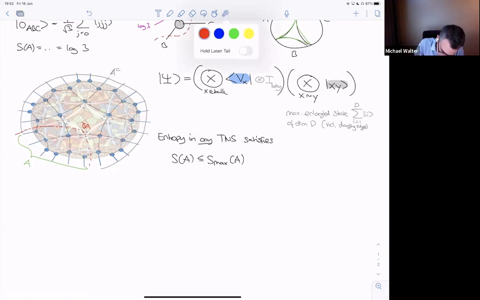If I look at this cut, and I drew it how you would geometrically draw the minimal surface, what I'm really doing is cutting this bond, that bond, that one and that one, right? That's choosing any cut, and hence in particular the minimal cut gives me an upper bound on entropy, namely the logarithm of D, a single bond dimension, to the size of the minimal cut, which is the same as the size of the minimal cut times log of one dimension.